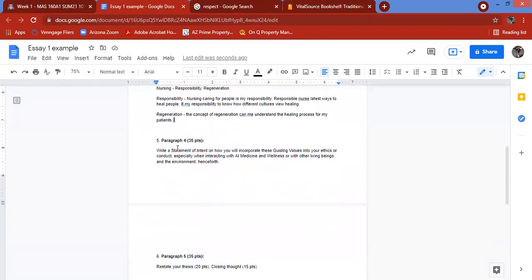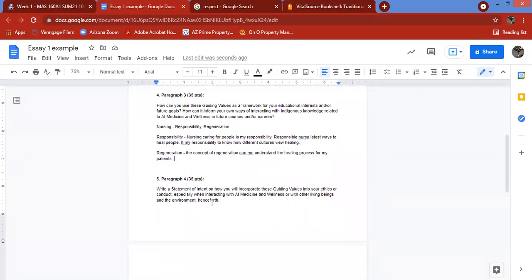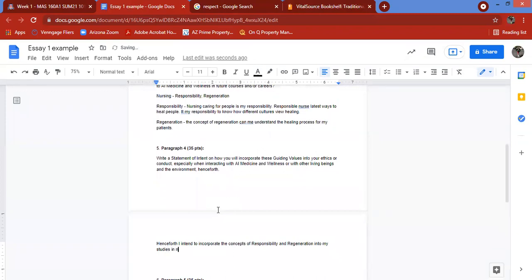And then this last paragraph is going to talk about your intent. So henceforth, you know, I intend to incorporate concepts of responsibility and regeneration into my studies in nursing, no matter what department I'm in.